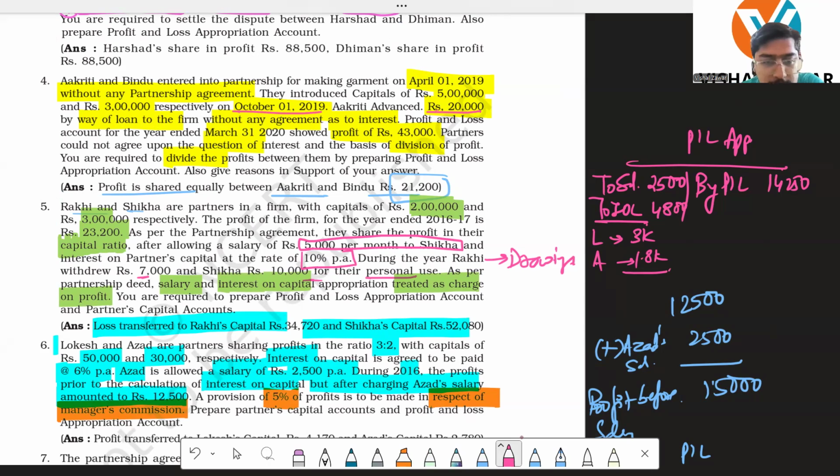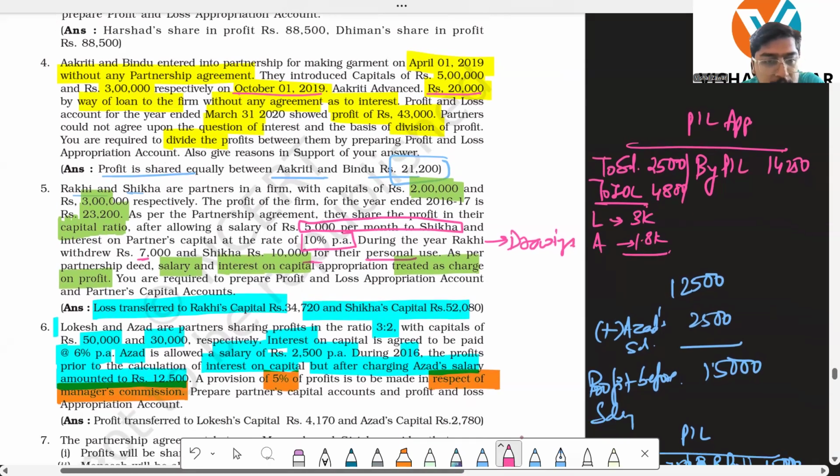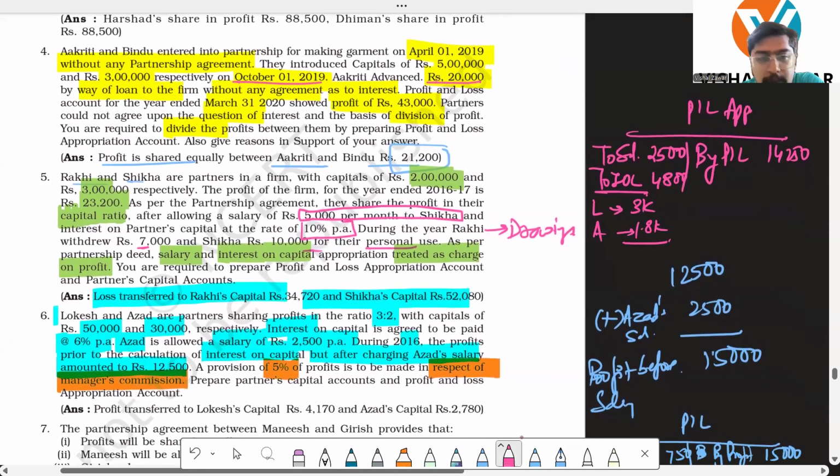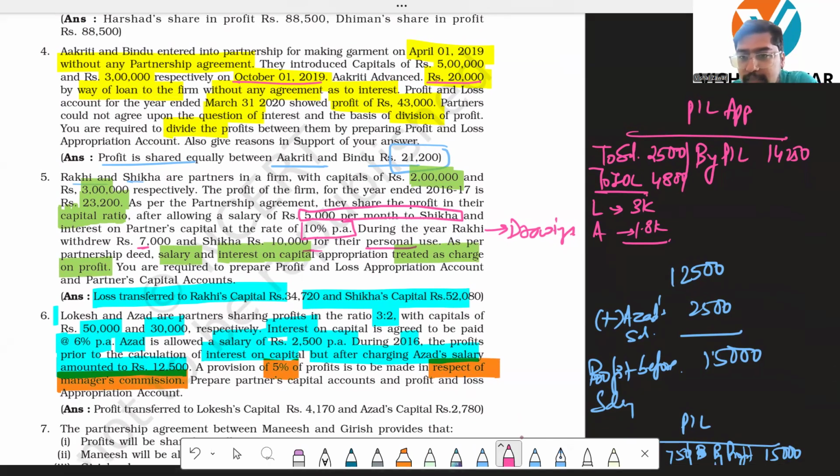Okay. What else? IOC is done. Salary is paid. I think it's enough. Whatever balancing profit we get, 14,250 minus 2,500 minus 4,800, that is 6,950 is the balancing profit, divided into the agreed ratio 3 is to 2.